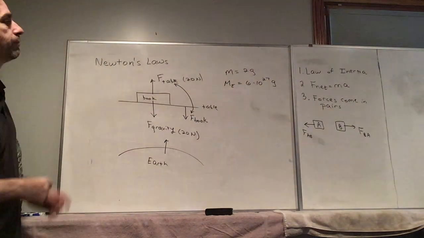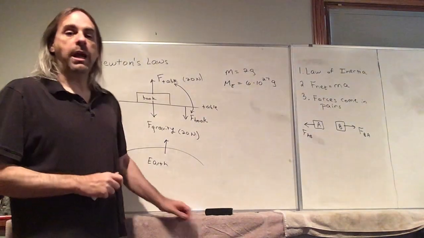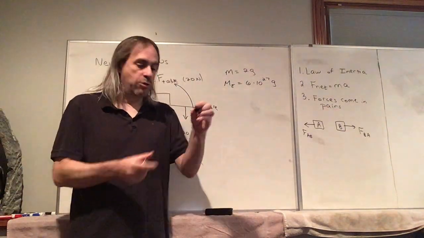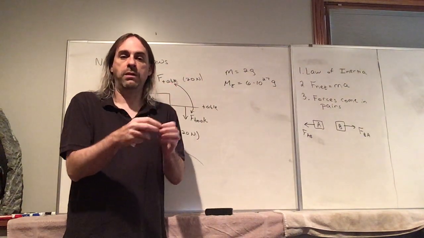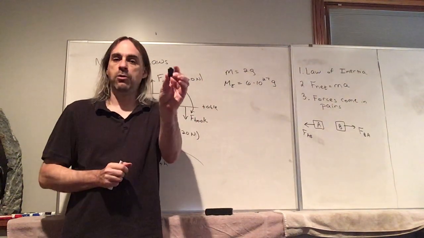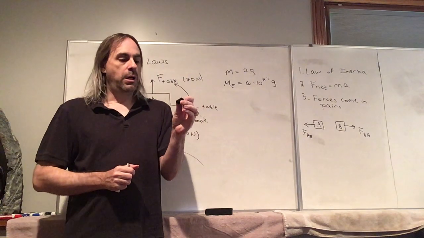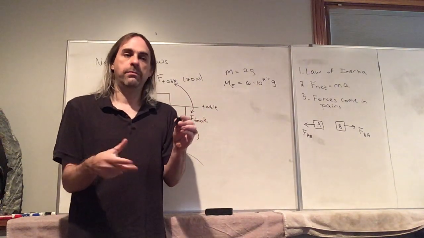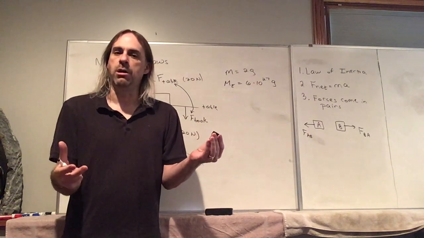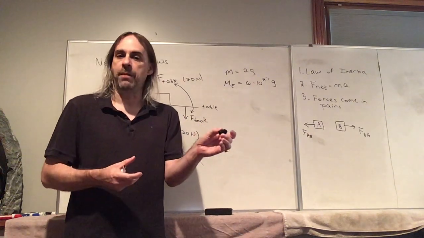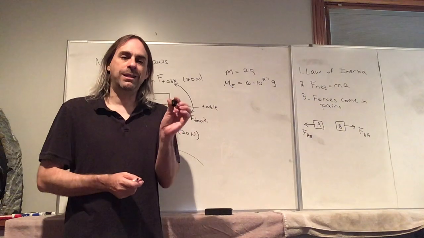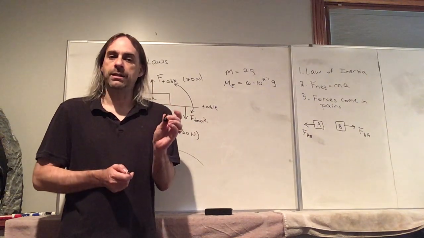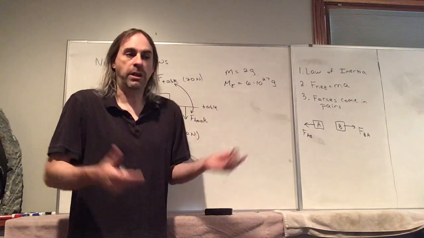It's a little bit bigger. The Earth is pulling downwards on this cap. So this enormous mass is pulling on this cap, and the cap is also pulling on the Earth. The question is, which is pulling harder, the Earth or the cap? And the answer is they are pulling with the exact same force, equal and opposite.